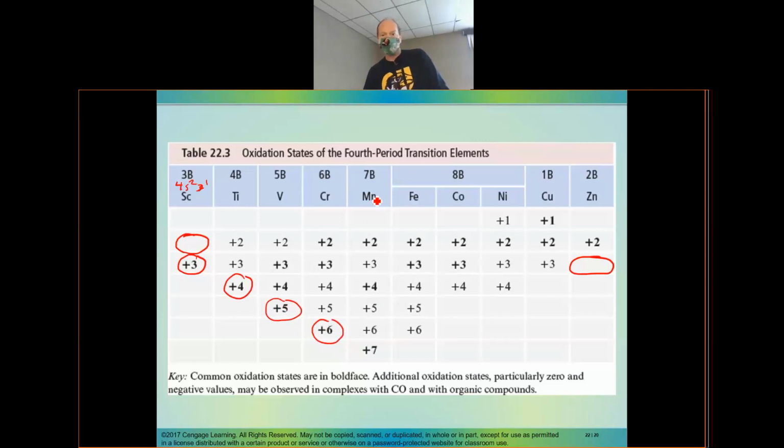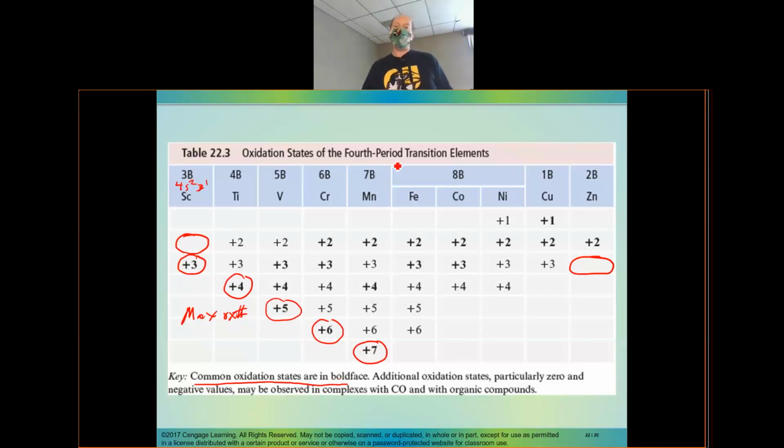Manganese, you'd have a +7. You can barely tell on the slide here, but the common oxidation states are bold. What I just circled are the maximum oxidation numbers for those elements, and they are all in bold face. They are all stable oxidation states of that metal.